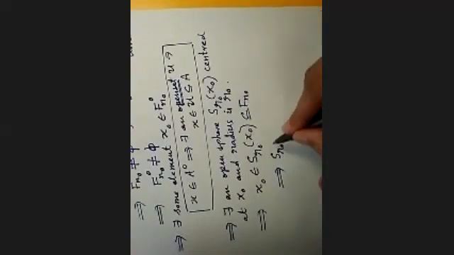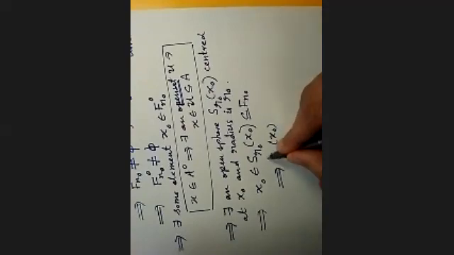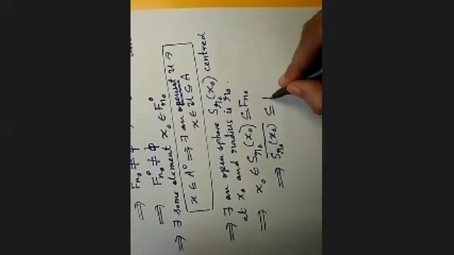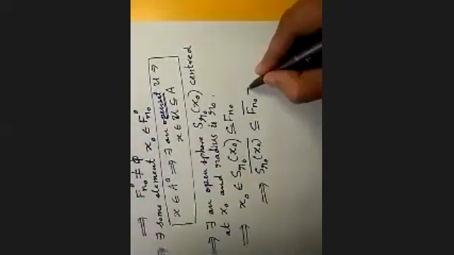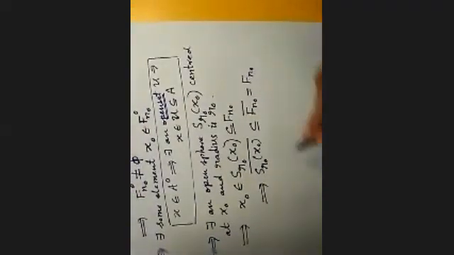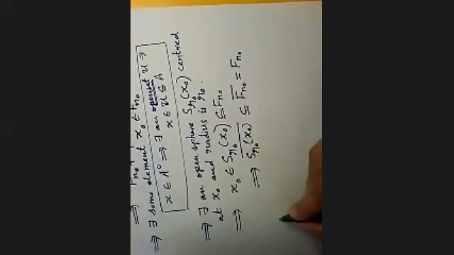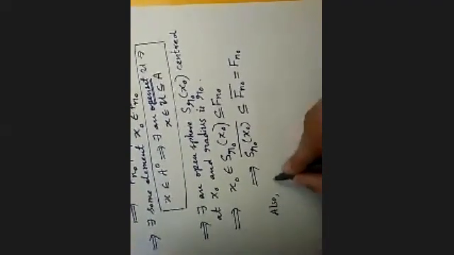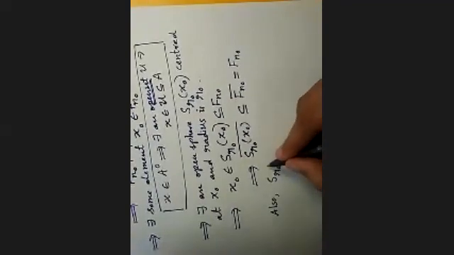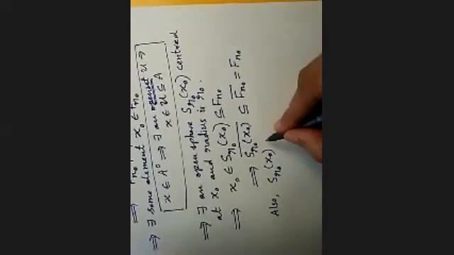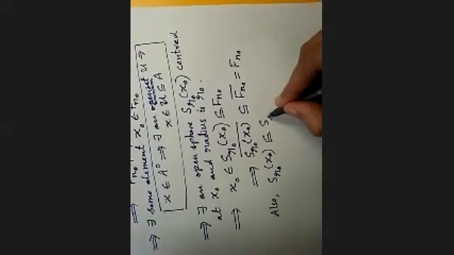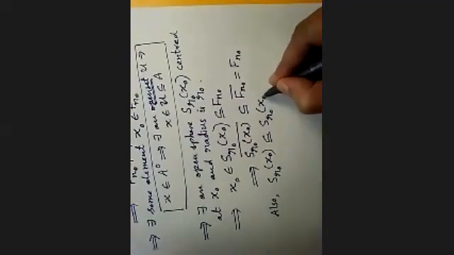the closure of S r naught is contained in the closure of Fn naught. And the closure of Fn naught is Fn naught because it is closed. So we also have that any set is contained in its closure.